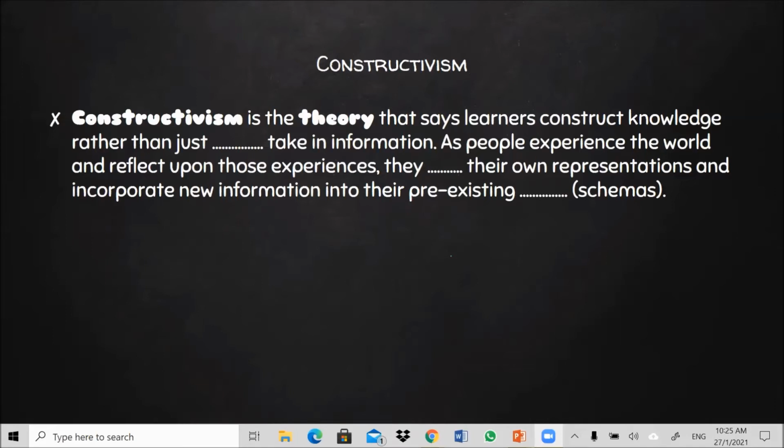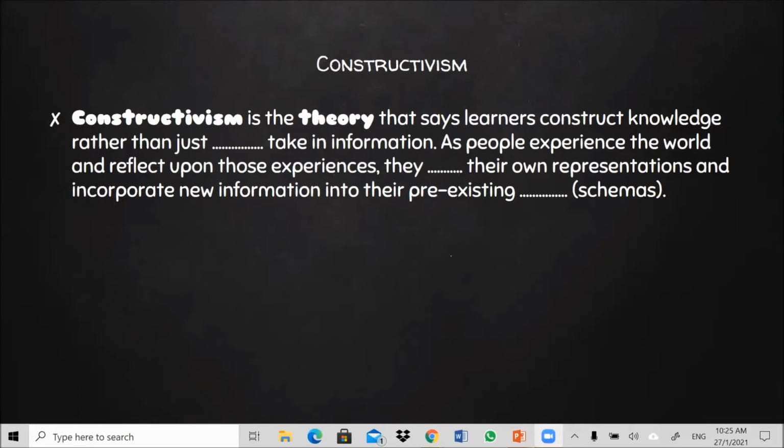Constructivism is the theory that says learners construct knowledge rather than just something taken information. Simply? Just simply taking information. It's grammatically almost there. The word is passively. Passive. Good try. Passively taking information.